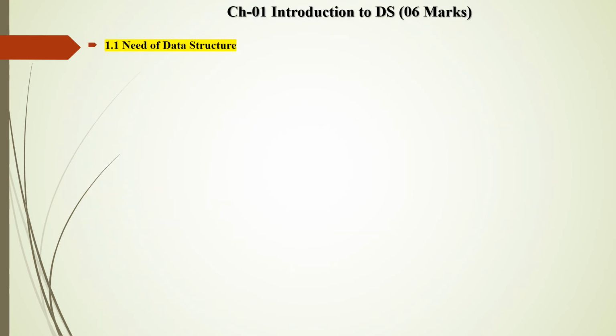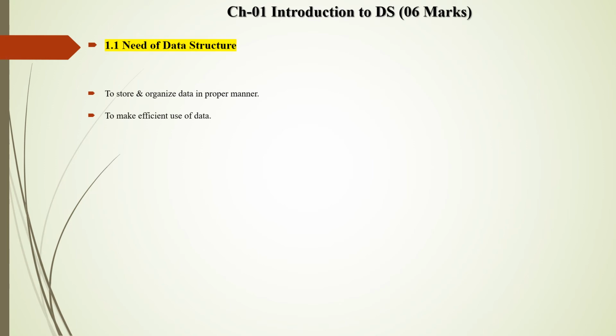Next point is need of data structure. Many times in examination the question is asked to explain or list the need of data structure for 2 to 4 marks. So we see one by one. First need is to store and organize the data in proper manner.